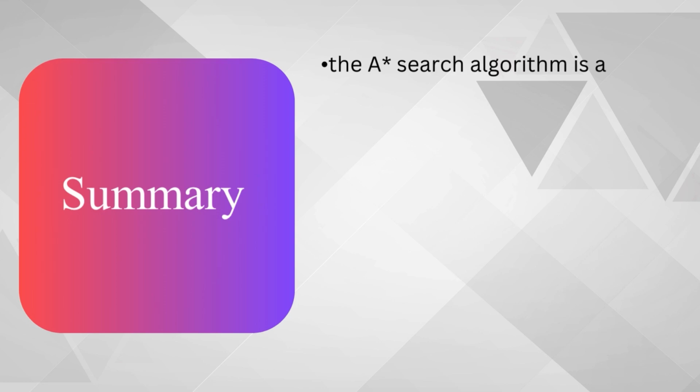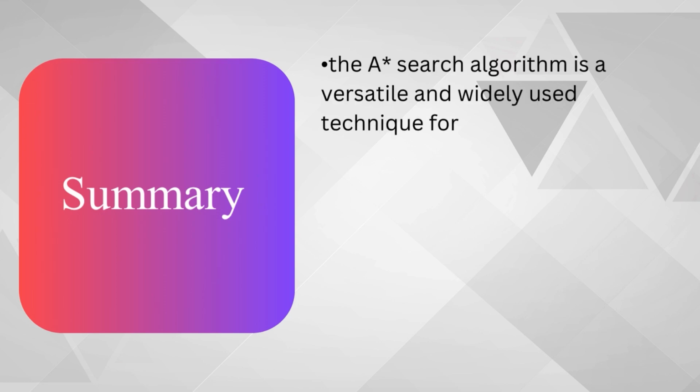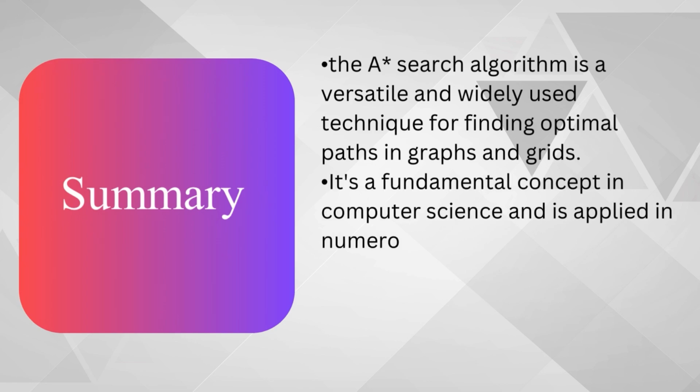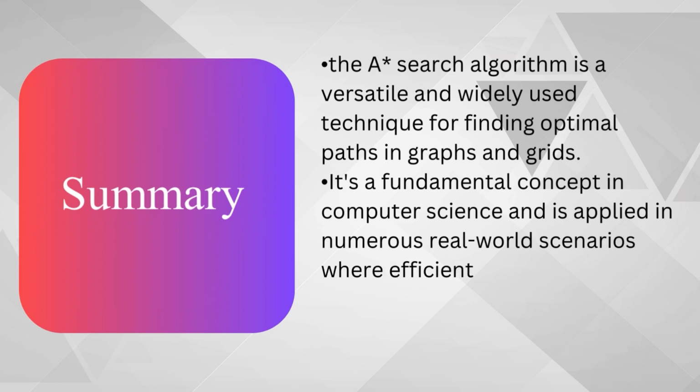In summary, the A star search algorithm is a versatile and widely used technique for finding optimal paths in graphs and grids. It is a fundamental concept in computer science and is applied in numerous real-world scenarios where efficient pathfinding is essential.